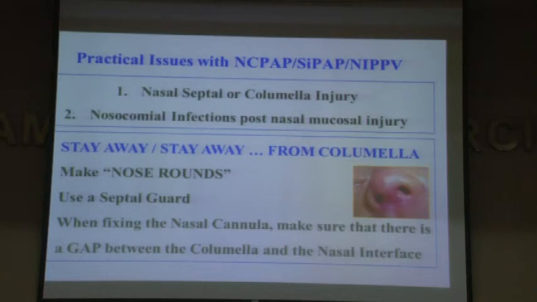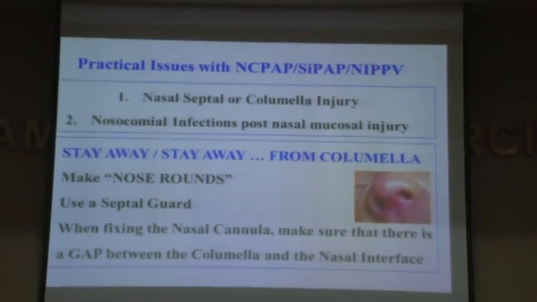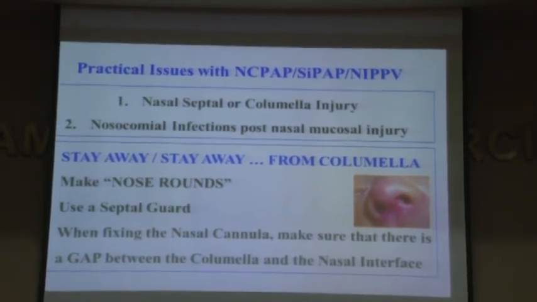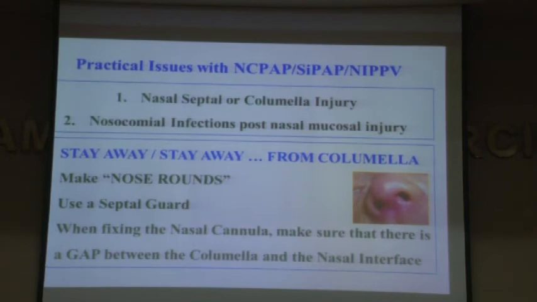Practical issues when you are using CPAP or NIPPV on the nose: every time somebody looks at the baby, we call it nose rounds. Everybody that looks at the baby does a nose round, checks the baby's nose, and makes sure the cannula is not touching or the prongs are not touching. If they are, wash your hands, move it down, and retape it so it doesn't put pressure on the nose.